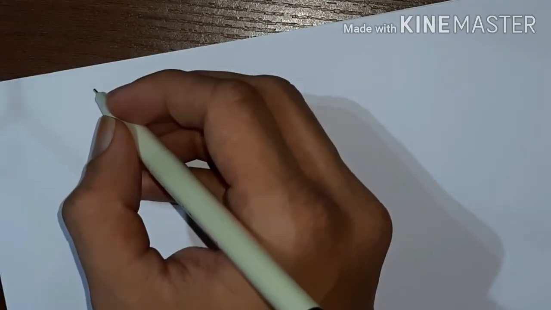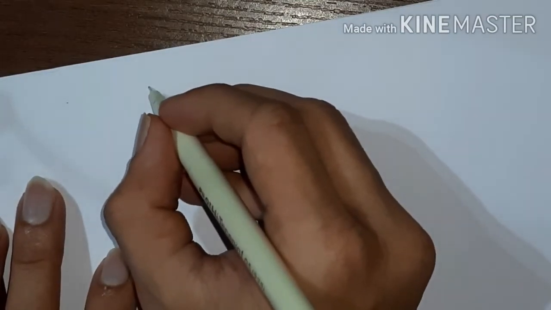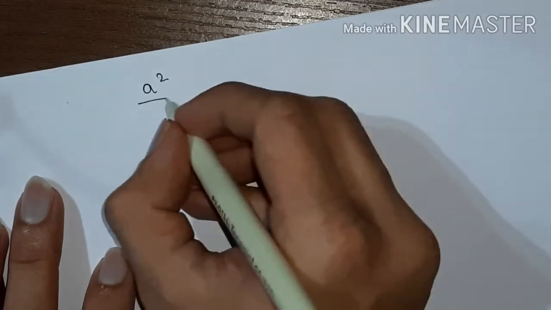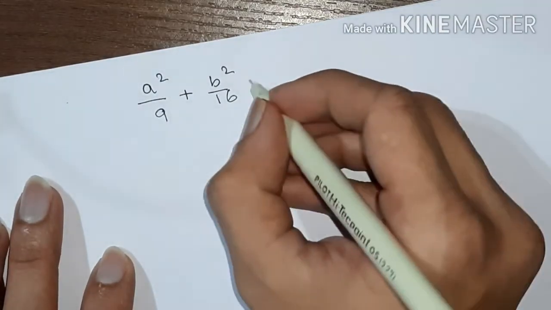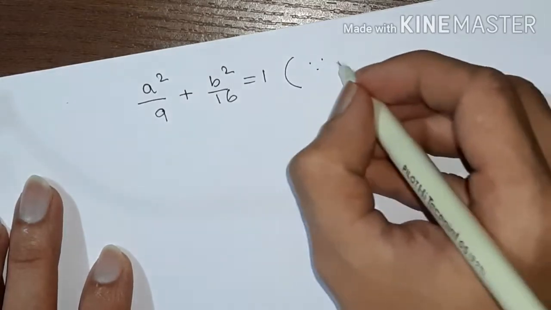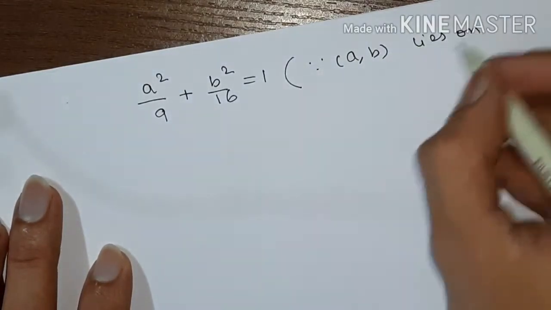So if we look at the equation and substitute b equal to 0, since a comma b lies on the curve, we get a square divided by 9 plus b square divided by 16 is equal to 1.